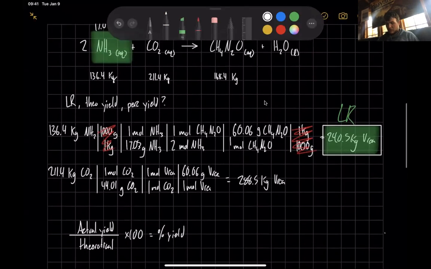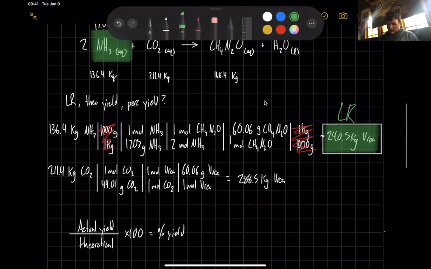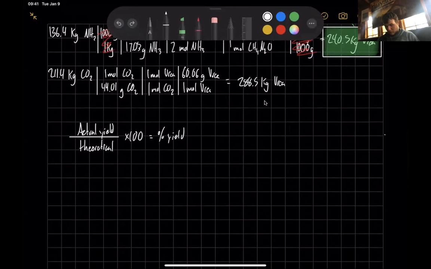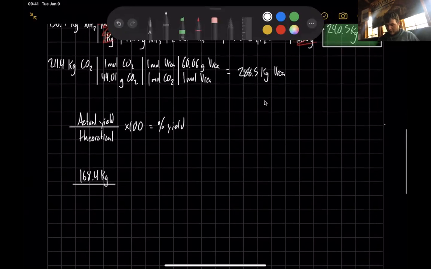We're told right here that 168.4 kilograms were produced, and we just calculated the theoretical yield to be 240.5 kilograms.